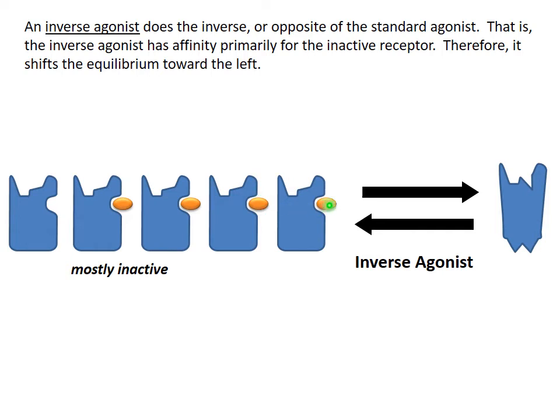To make it simple here, I'm just showing, well, maybe there's a binding pocket over here, for example, that it binds and shifts it to the left. Okay, so that would give you the majority of the receptors in the inactive conformation, right? And that would decrease your baseline activity.